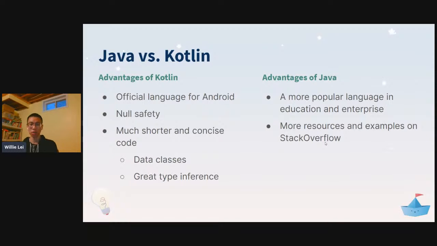And also, I've just found that there's just more resources and examples on Stack Overflow. If you Google, hey, how do I do this in Android? Most often, the result that comes up will be in Java. Gradually, I'm sure this will change over time as more and more developers change over to Kotlin for its many advantages, because it is a much more modern language.